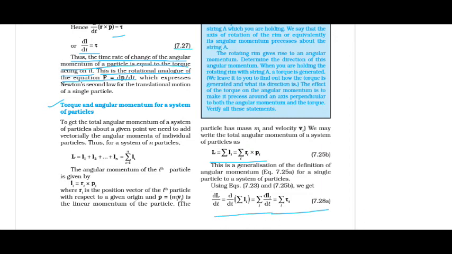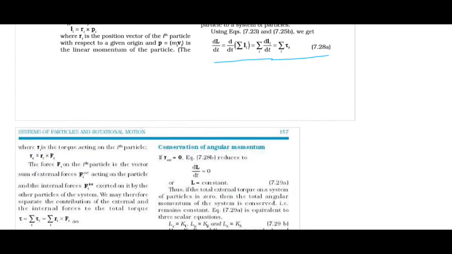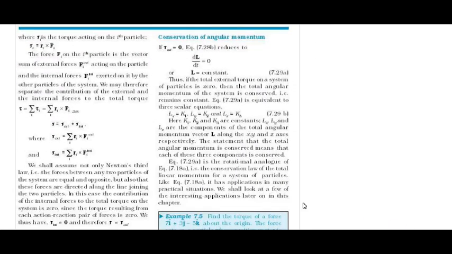Now, tau i is the torque acting on the ith particle. Tau i is equal to Ri cross Fi.